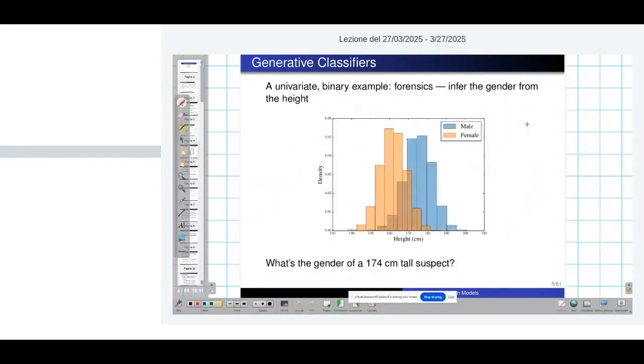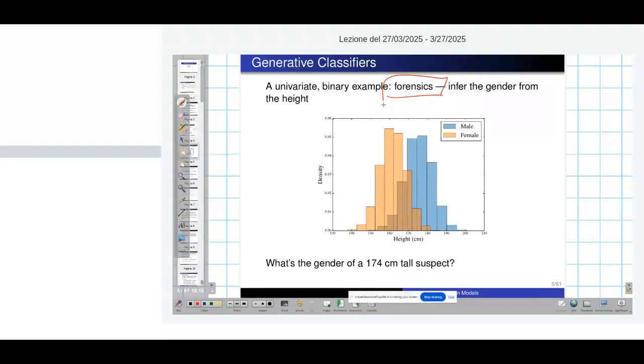Another example, a univariate one, to give a real use case that is hopefully easy to understand. Before, we saw the problem of building a model for the height of a population. Now we see a similar task where we have a forensic task: somebody who is making investigations wants to know the gender of a suspect.